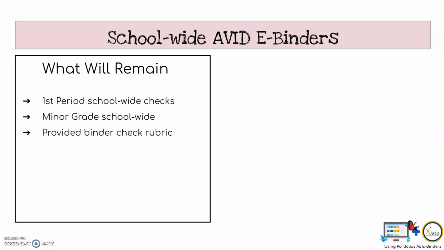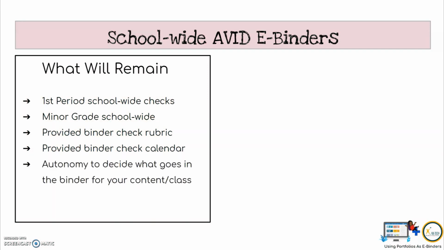Also, every year I provide our staff with a binder check rubric, so we're all using the same rubric to check student binders. I provide them with a binder check calendar so that they know the dates for the binder checks in advance and when they need to be turned in. And then we give our staff the autonomy to decide what goes in the binder for your content in your class.